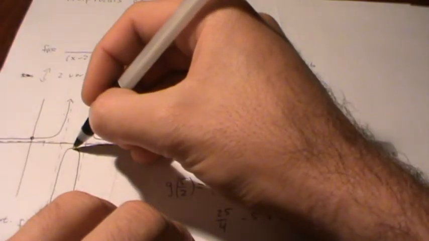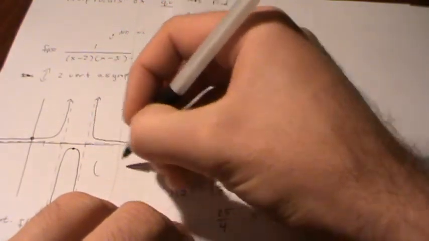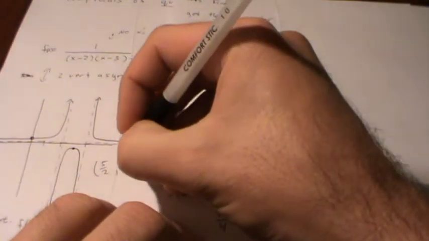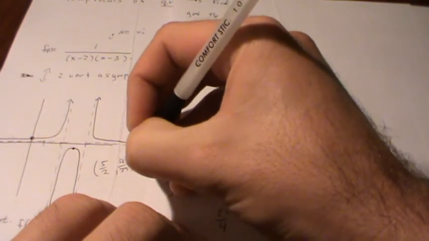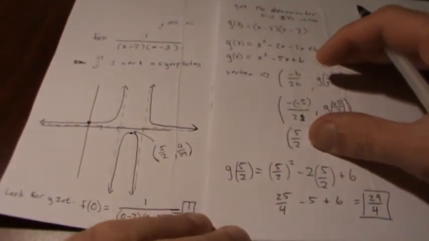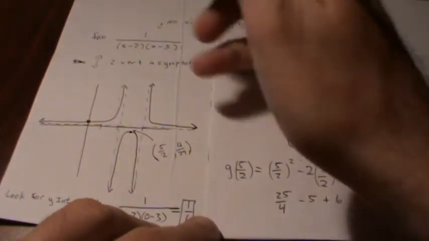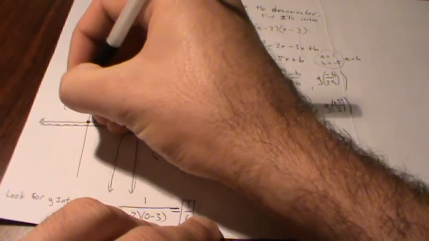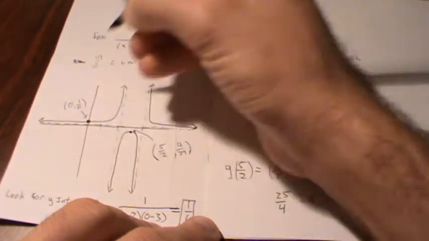Now this point right here, I'm going to write it, is actually 5/2, and the reciprocal of this, or 4/29. Okay, there we go. And that point I found previously, it was (0, 1/6).